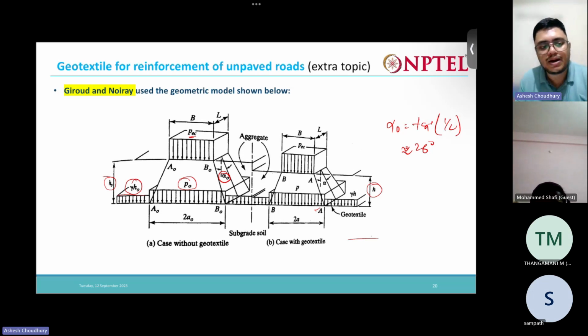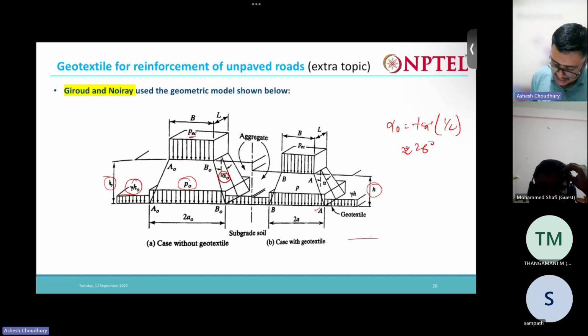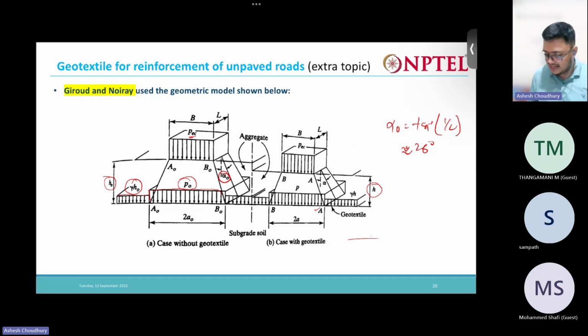This gamma into H naught is the overburden pressure of the soil, and at this portion P naught is acting. This P naught includes the overburden pressure, gamma into H naught, and the pressure that is coming through the wheel loads.